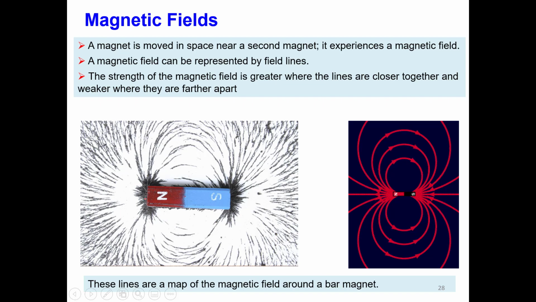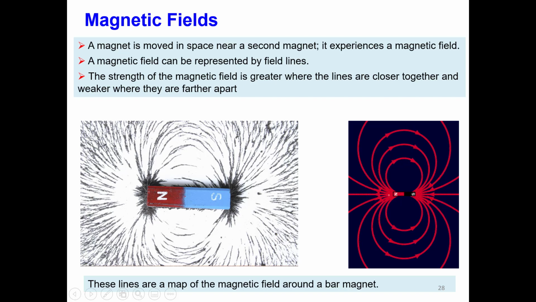And we can see the lines close to the magnet because here the magnetic field is greater. They become apart when they are far from the magnet, for example, in this place. Then this is the animation.